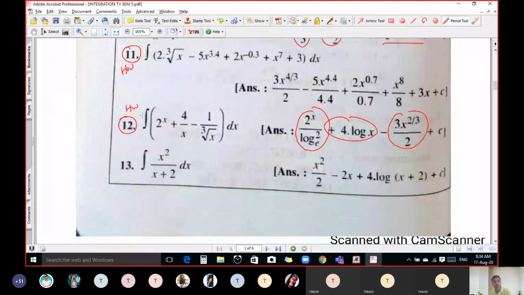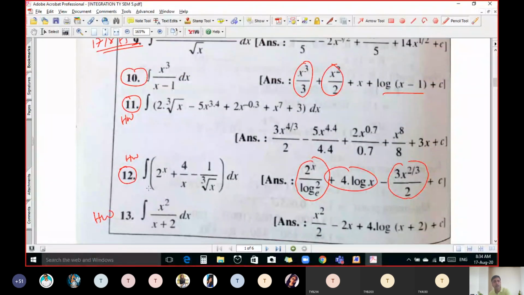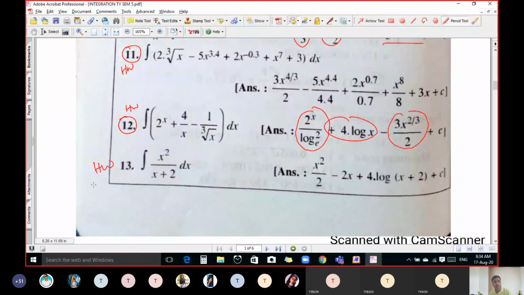Now consider this your homework. Do the same thing, same like question number 10. Here also you can use the method, and you will be able to get the answer for that question.